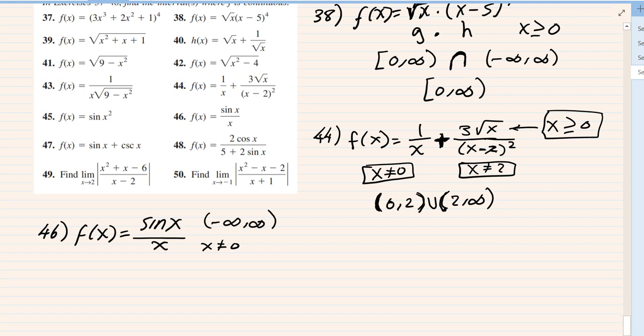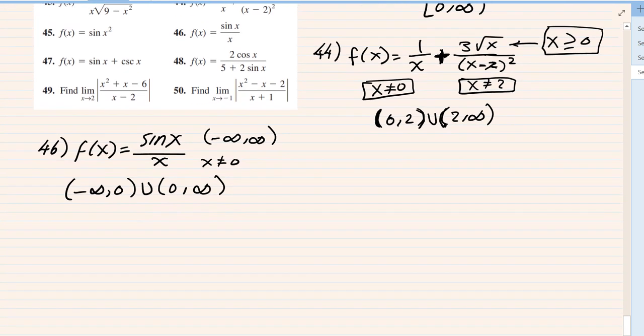It's just that x cannot be 0. Therefore, for this one, the interval of continuity will be negative infinity to 0, union 0 to infinity. And that should do that one.